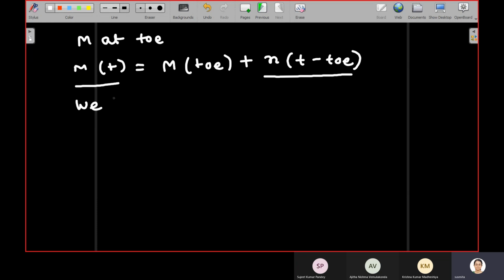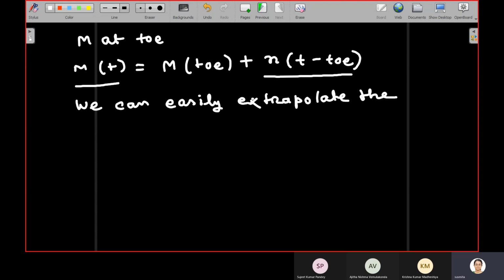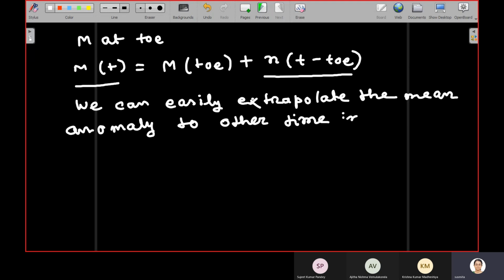And this is why we actually use mean anomaly in the ephemeris, not true anomaly. We could not have done this extrapolation for the true anomaly.